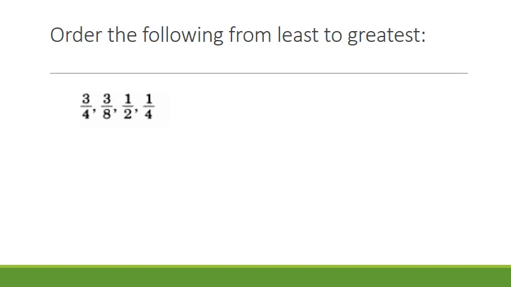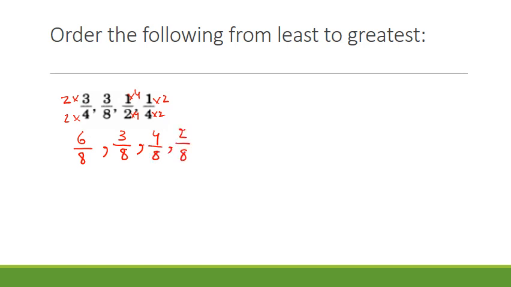So it's obvious that the common denominator for all the numbers is 8, because it's the first common multiple for all. I multiply the first fraction by 2. The second fraction stays as it is. The third fraction by 4, and the fourth fraction by 2. Now what do I have? 6 over 8, 3 over 8, 4 over 8, and 2 over 8.